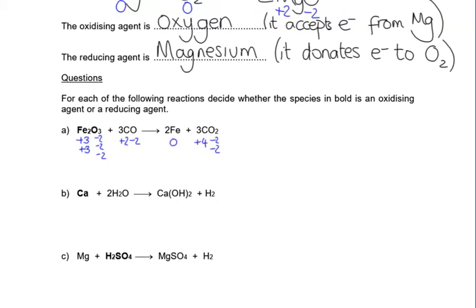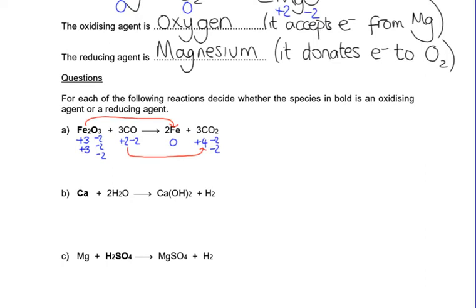So the first thing I would do is work out the oxidation states of everything and find out who's changing. So we've got the Fe changing here. The Fe is being reduced and the C is being oxidised. So if I was being asked questions similar to previous bits of work we've done, I'd be saying that the iron is being reduced and the carbon is being oxidised, but who's the oxidising or reducing agent? We need to know whether Fe2O3 is accepting electrons or donating them in order to choose.